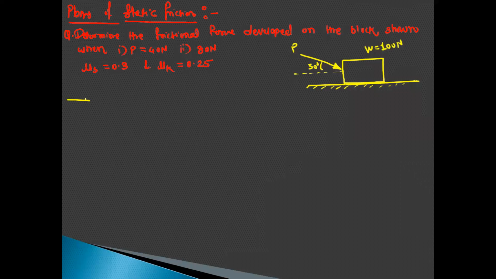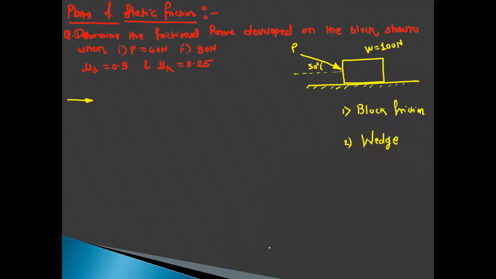Whenever you solve problems on friction, we have different types of problems. Out of that, the first type is block friction. The meaning of block friction is the object will be a block. The second type is wedge friction, so the object will be a wedge shape object.